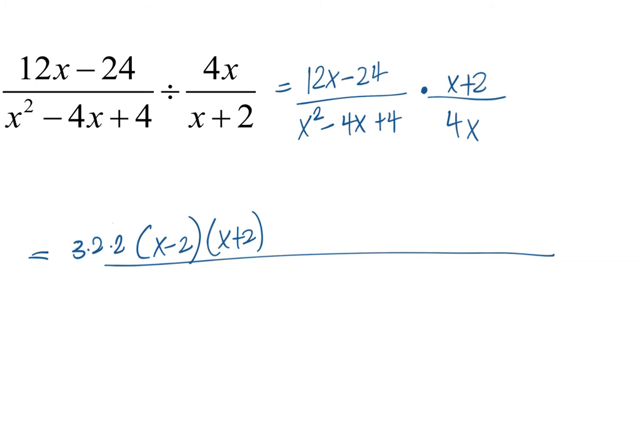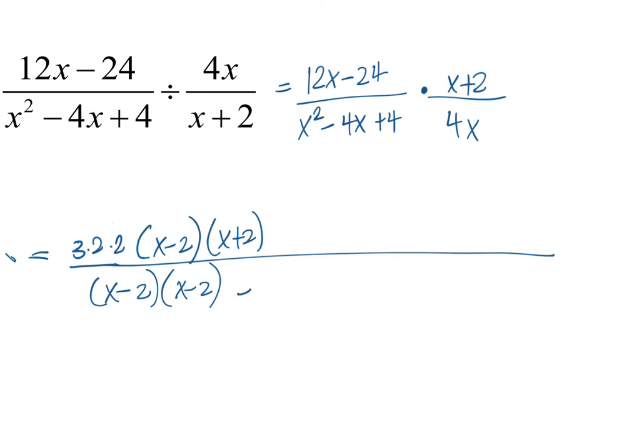The trinomial of x squared minus 4x plus 4: the factors of a positive 4 that add to give you a negative 4 would be x minus 2 and x minus 2. If you fold that out, the negative 2's would multiply to give you that positive 4. They would add to give you a negative 4. And then we have the 4x.